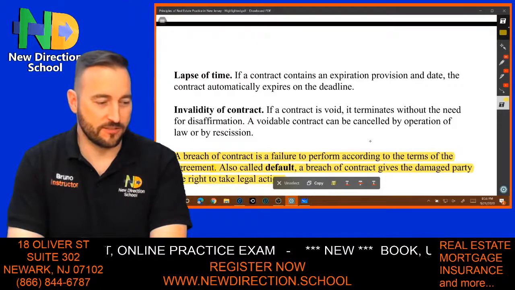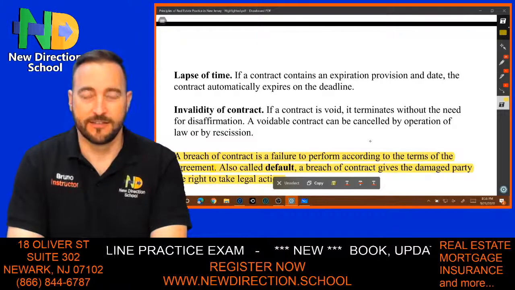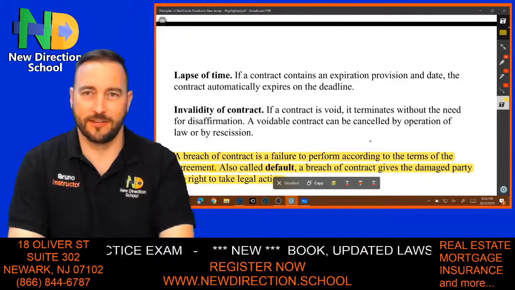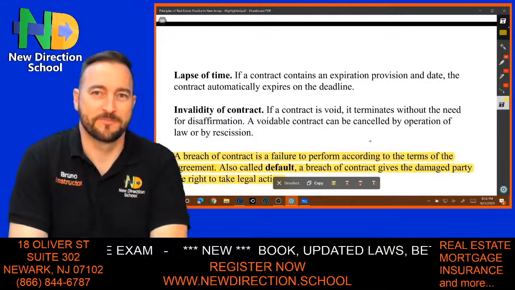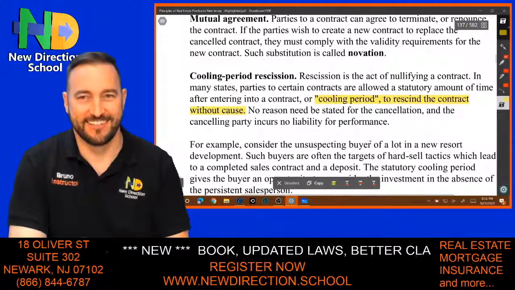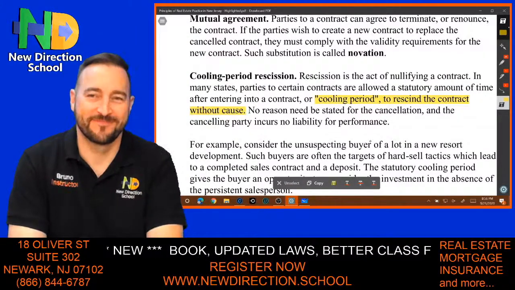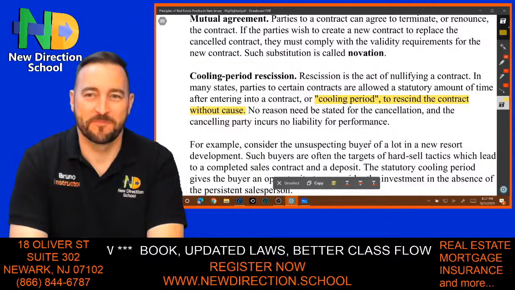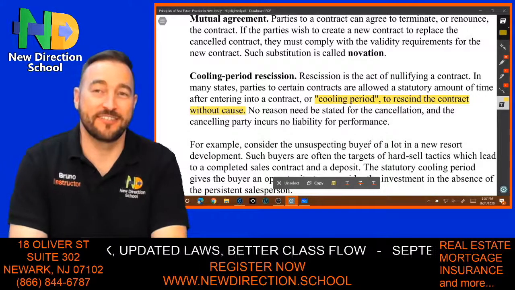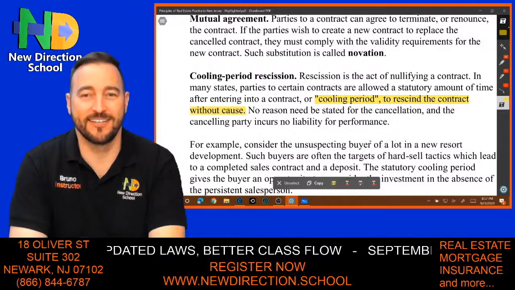What was the answer? Your screen went black. That ain't my fault. I didn't make your screen go black. I already go to the replay. Here's the answer. During the cooling off period, you may rescind the contract without any cause or liability.